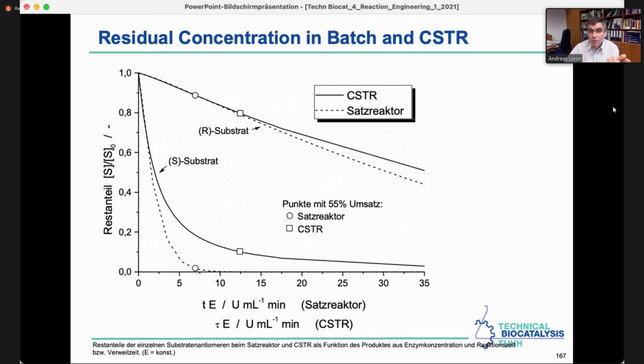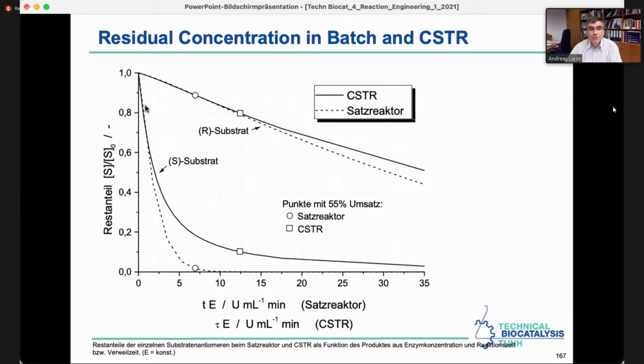That's to normalize these two reactors to compare them. In the CSTR, we have the product of enzyme concentration times not the reaction time, but the residence time. If we plot those, the CSTR is the closed line and the dashed line is the batch reactor.